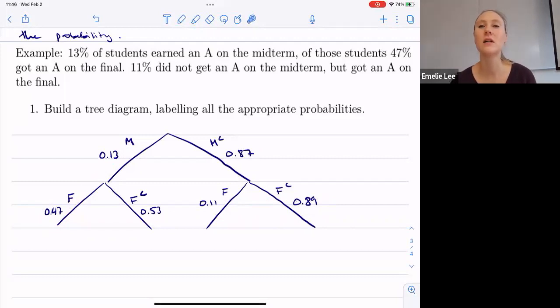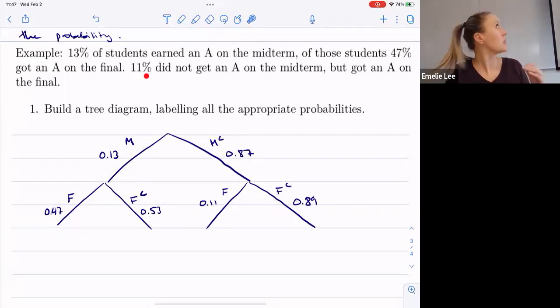Maybe I'm a little bit confused in the statement. Is it like 11% of the whole class didn't get A on the midterm? Or is it 11% of those who didn't get an A? Yeah, that's what's tricky about the wording here, because I already know how many didn't get an A on the midterm.